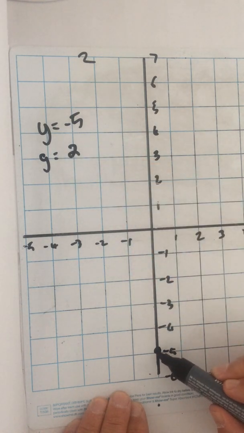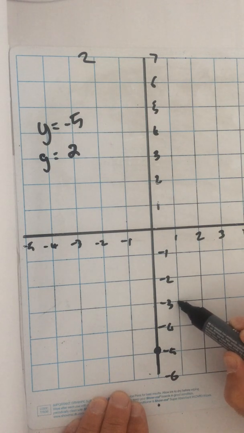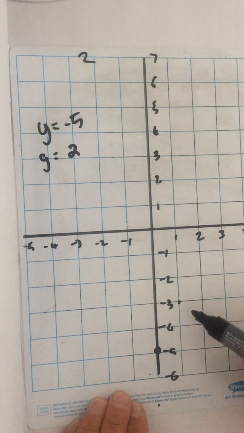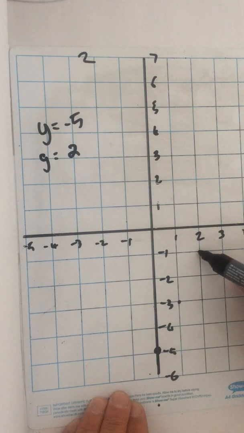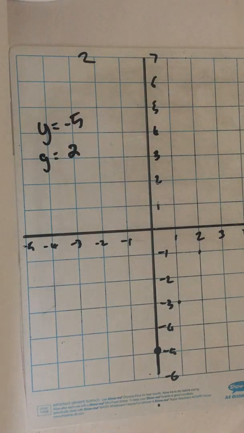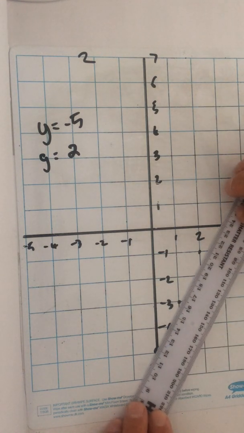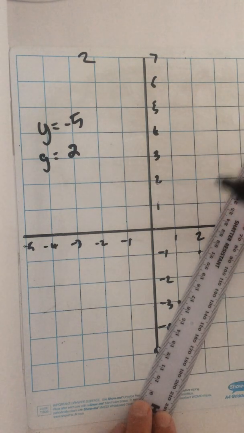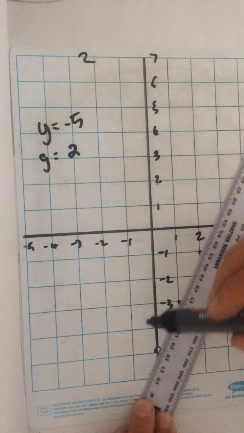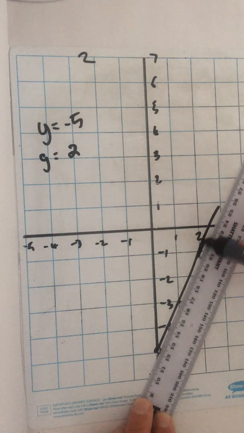That means for every 1 going across the x-axis, it's 2 up. So we have that point. Then if we wanted to do another one, 1 across, 2 up, just to help us, and from there we can nice and easily draw that line in, can't we? So this would be our line that represents that equation.